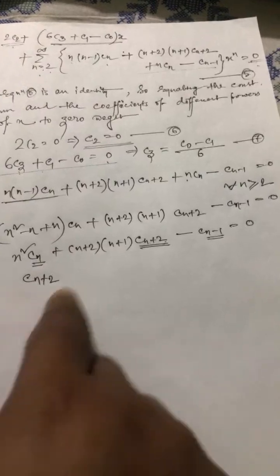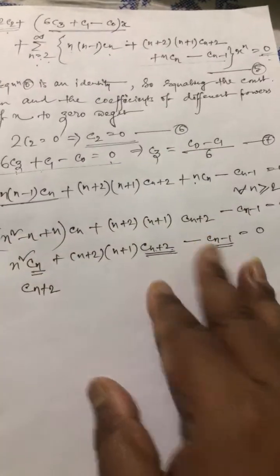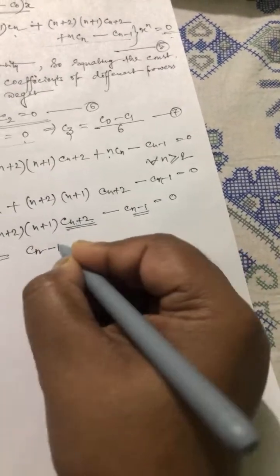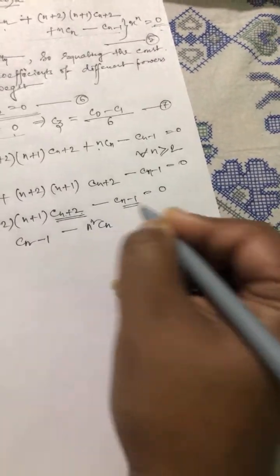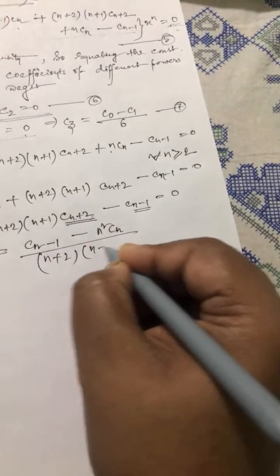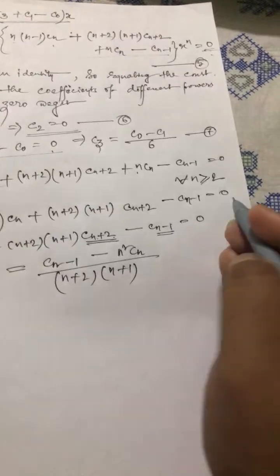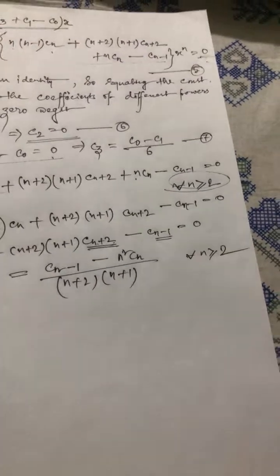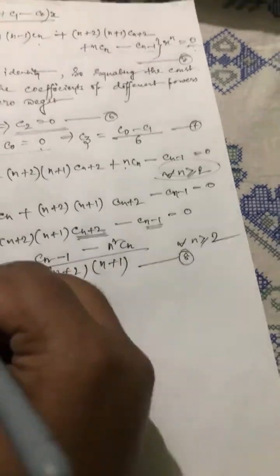That's why I need to separate cn plus 2 from all these expressions. So it can be written as cn minus 1 minus n square cn divided by (n plus 2) into (n plus 1). And don't forget, this relation is true for all n greater or equal to 2. And this is equation 8.